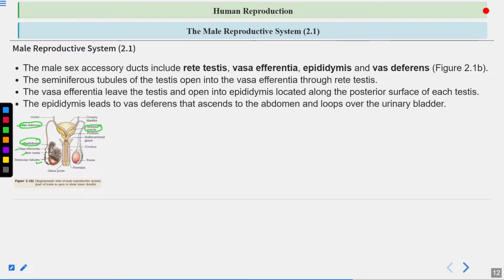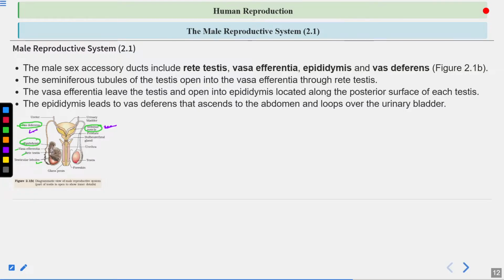So from vas deferens, the sperm will reach the ejaculatory duct. And how is the ejaculatory duct formed? It is formed by the fusion of the duct from the vas deferens and the duct coming from the seminal vesicles. So they fuse together to form the ejaculatory duct.